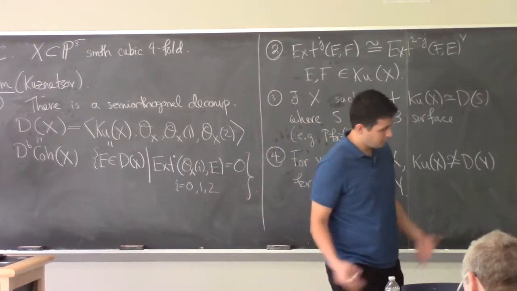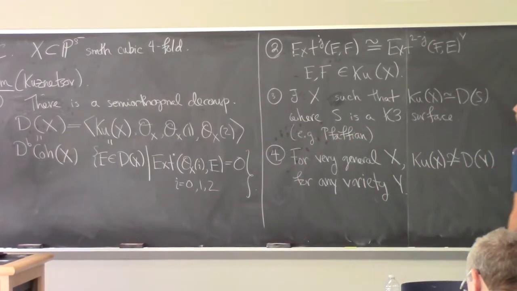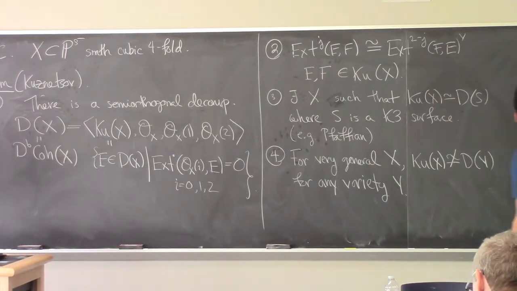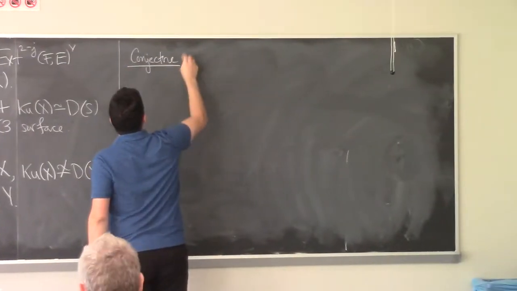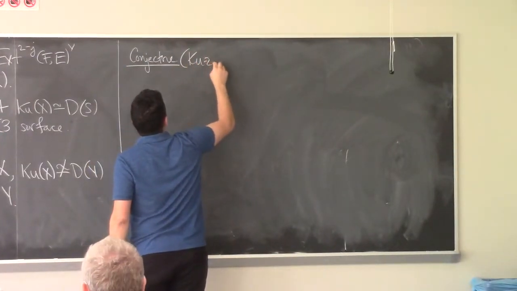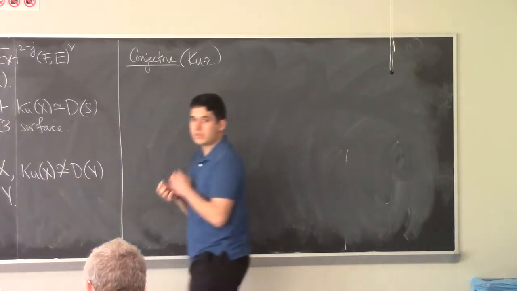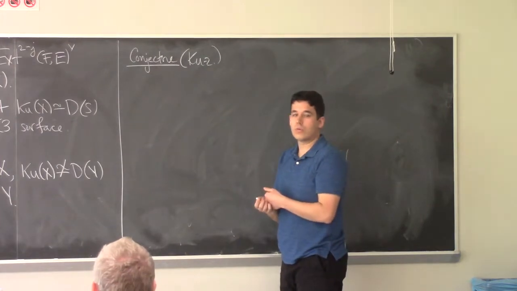I have to mention this really beautiful conjecture that motivated a lot of this work that Kuznetsov made. He conjectured that this condition appearing in 3 exactly encodes the rationality of the cubic fourfold.